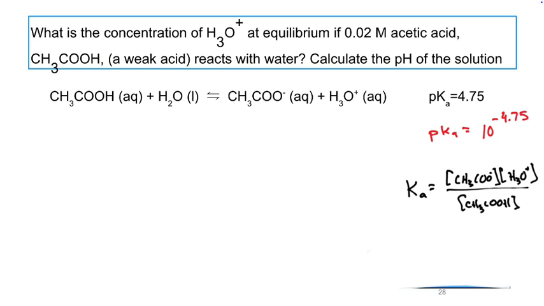The water then runs a very fast chemical reaction with acetic acid to go through and produce our products, our acetate and our H3O+. But to make those products, what necessarily has to happen to that 0.02 molar of our acetic acid?